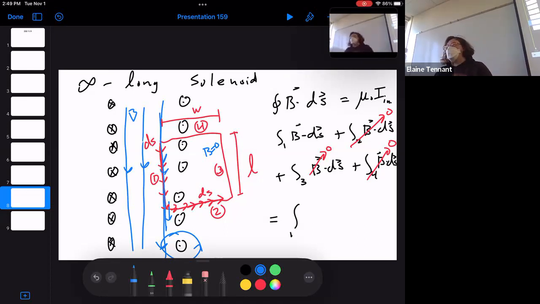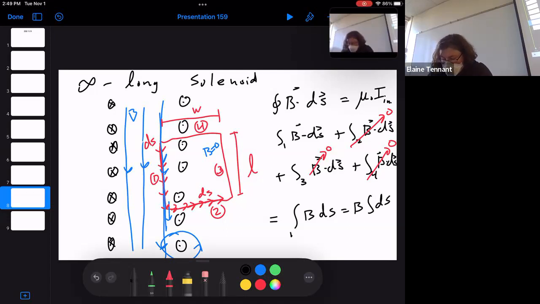There's a 0 angle between my B field and my ds, so I get that cosine of 0, that's just 1, right? So this becomes a very reasonable B ds. And then you're going to tell me that all along side 1, my magnetic field should be constant. It shouldn't be stronger on one side or another, because this is a really symmetric situation. It doesn't change. So I can say B integral of ds.